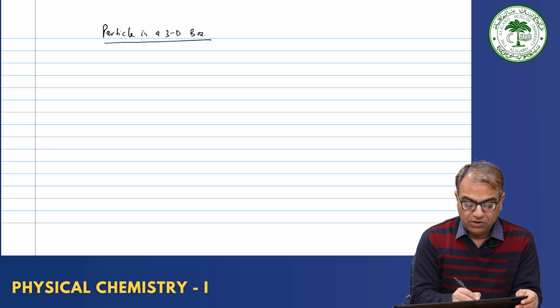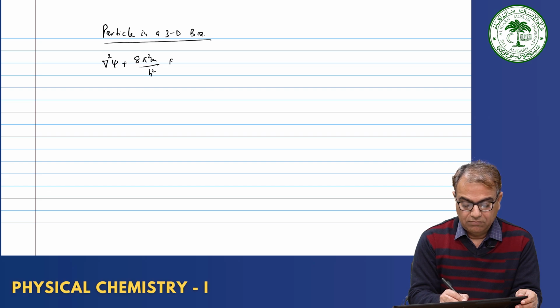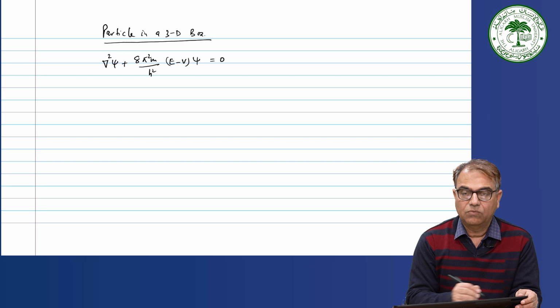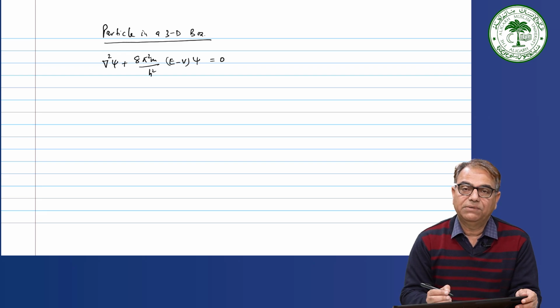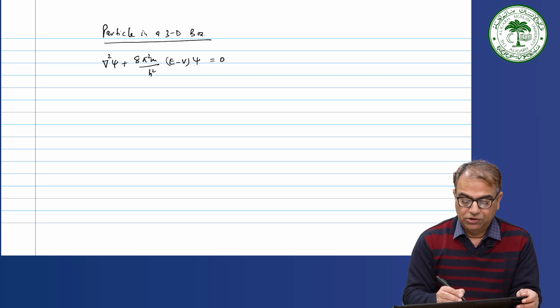For a three-dimensional box, the Schrodinger wave equation which you can write is del square psi plus 8 pi square m by h square (E minus V) psi equals 0. We supposed for the one-dimensional box V is equal to 0, so let here also V be equal to 0.